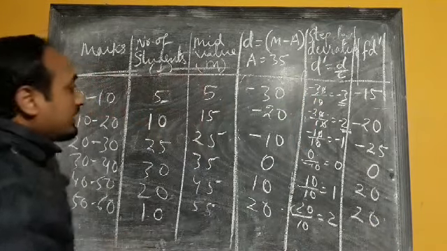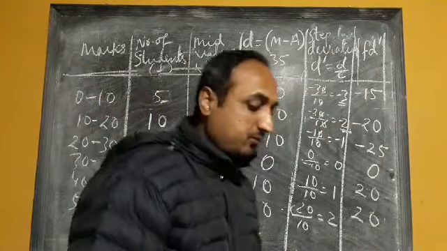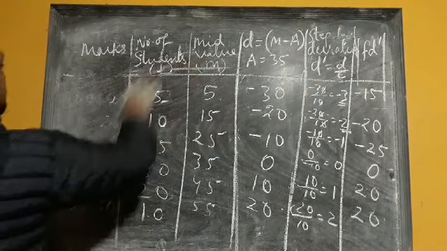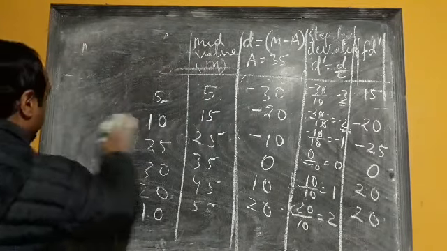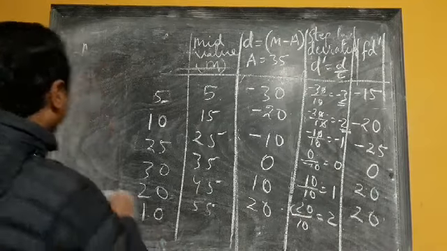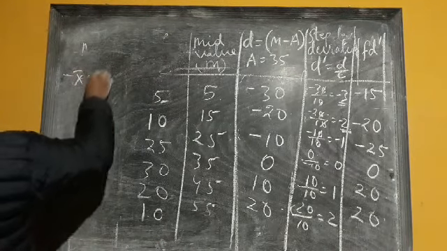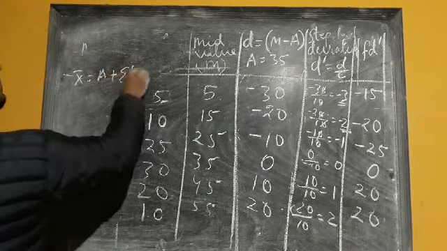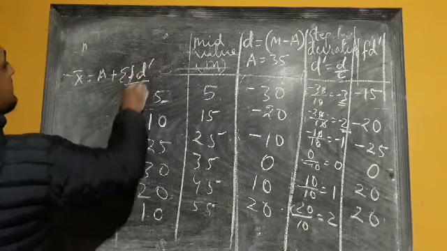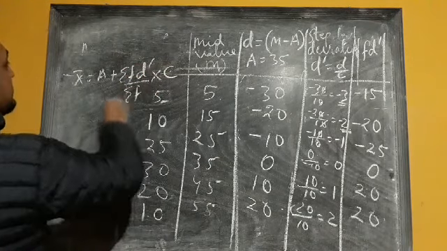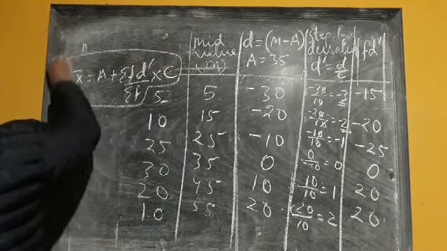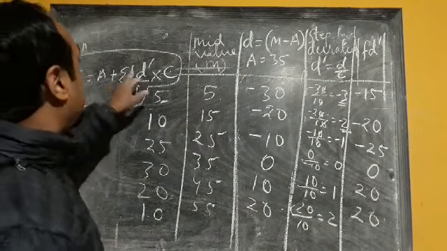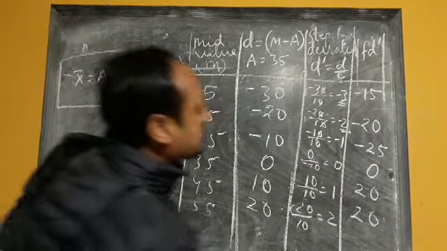According to our formula, x bar equals a plus summation f d dash divided by summation f, into c. This is our formula. How do we get summation f d dash?